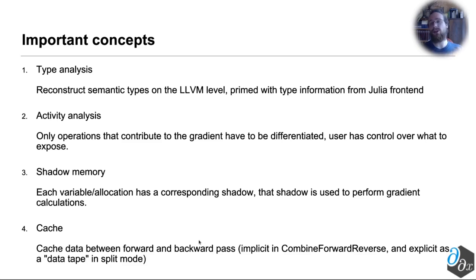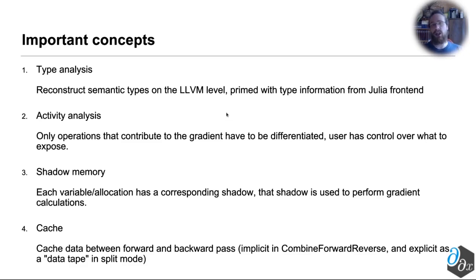So in order to solve this problem of being able to differentiate over low-level code, especially where type information has already been lost, or types are no longer semantically meaningful but have platform-specific meanings. In LLVM, the types correspond to register types and not necessarily to the original semantic types in the program. We have to run type analysis, which will reconstruct the types on the LLVM level.